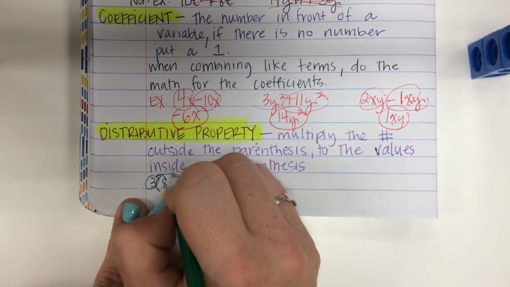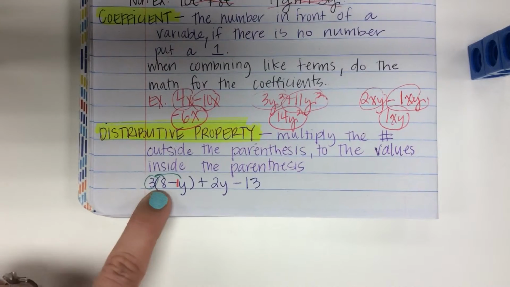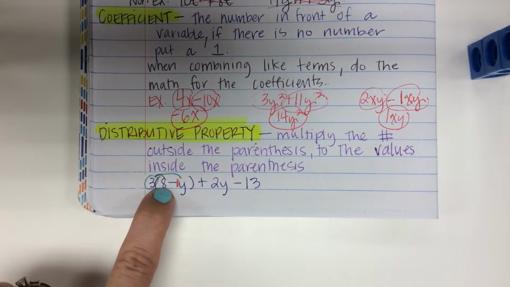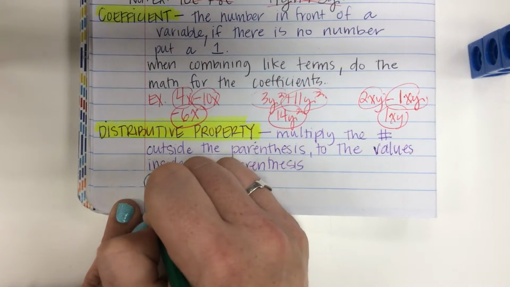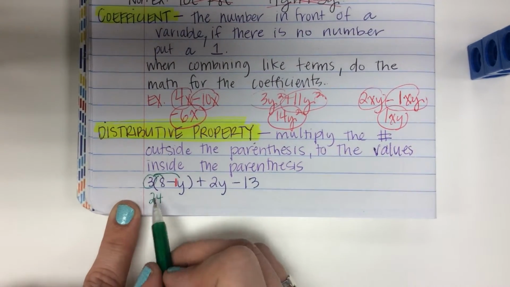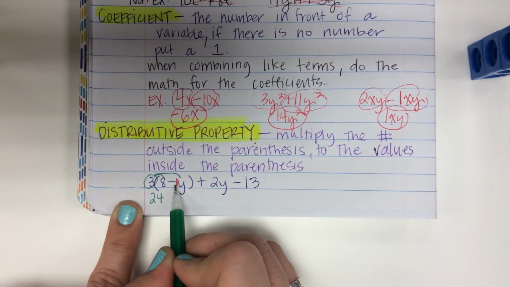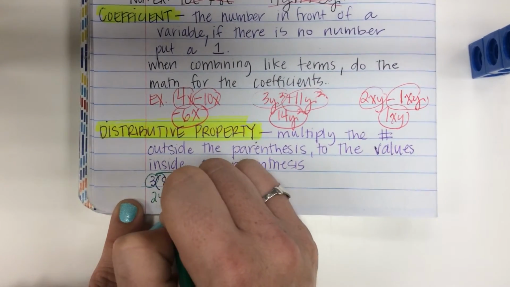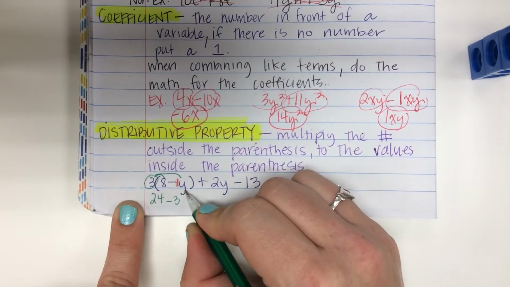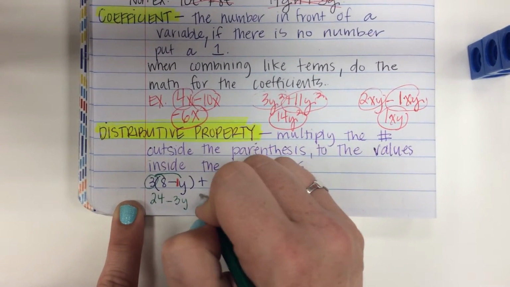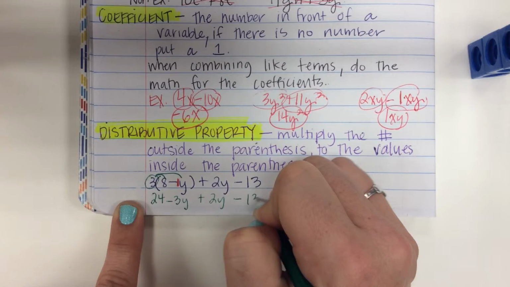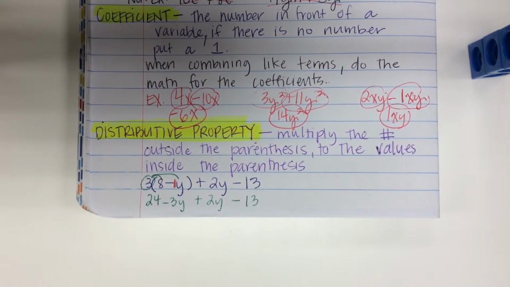So I'm going to distribute. 3 times 8 is 24. 3 times negative 1. Anybody? Negative 3. And what goes with it? Y. Plus 2y minus 13. All right, I did the distributive property. Now there are no parentheses. Always get rid of your parentheses first.